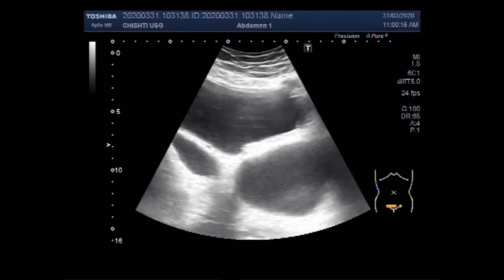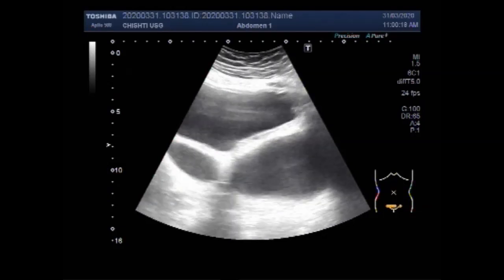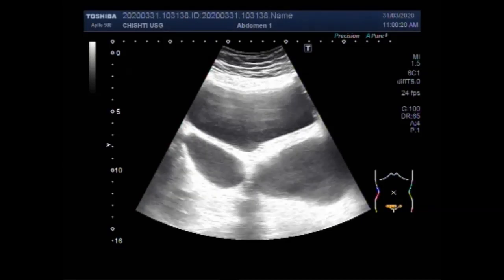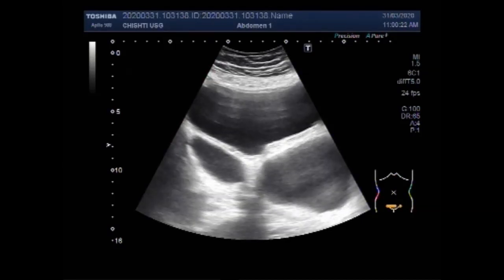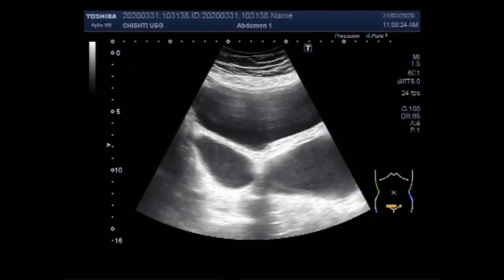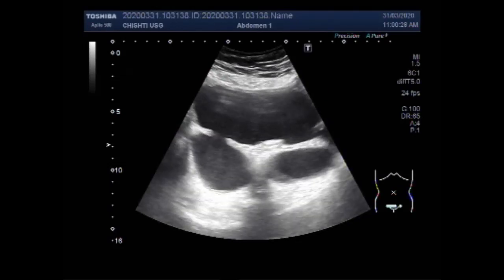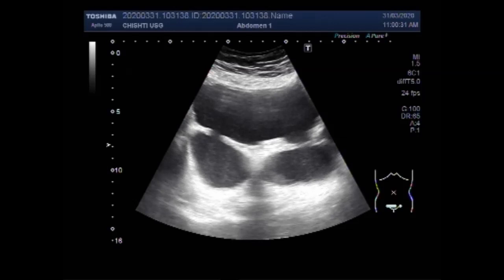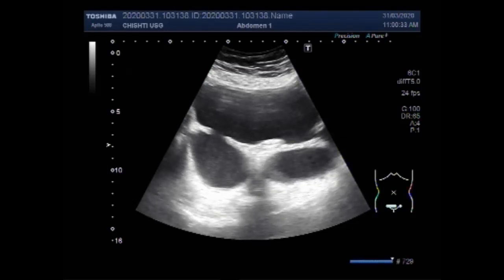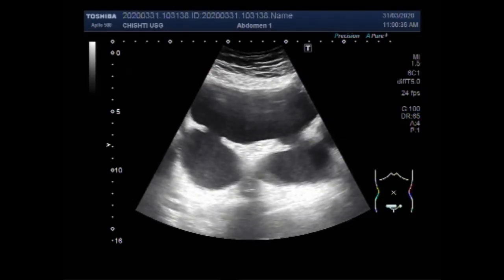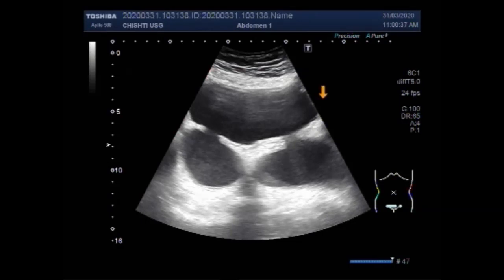Now you can see the urinary bladder, and two large diverticulum are seen on either side of the posterior wall of the urinary bladder. You can see the communication between the diverticulum and the urinary bladder.